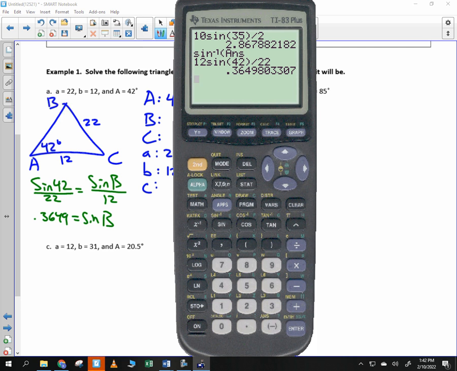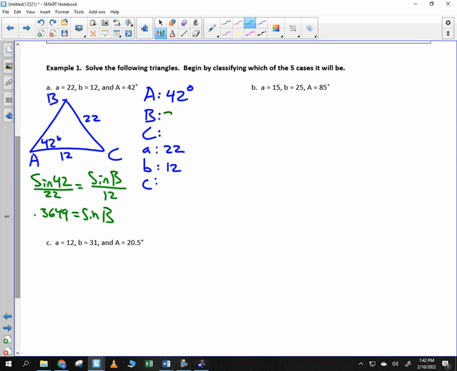Am I solving for an angle or a side? Angle. So as Sydney said, because I'm solving for an angle, I will sine inverse in order to get my angle, which is 21.41 degrees. Go ahead, between you and your partner, anybody around you, see if you can find angle C and side C on your own now. Go.